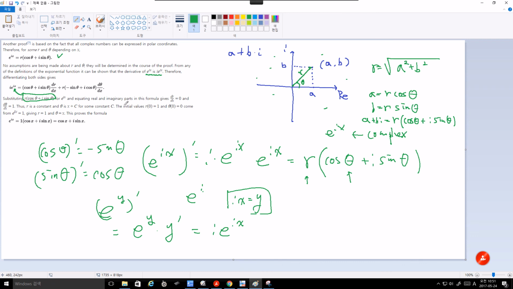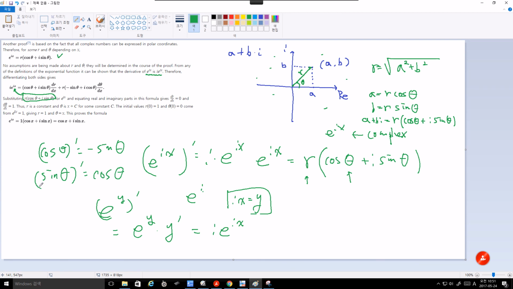Then we can figure out that dr/dx should be 0, and d theta/dx should be 1. Thus, r is a constant and theta is x plus c for some constant c.